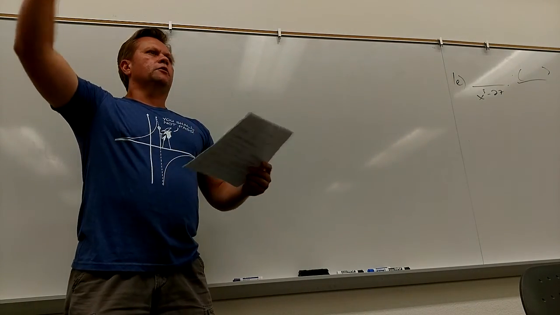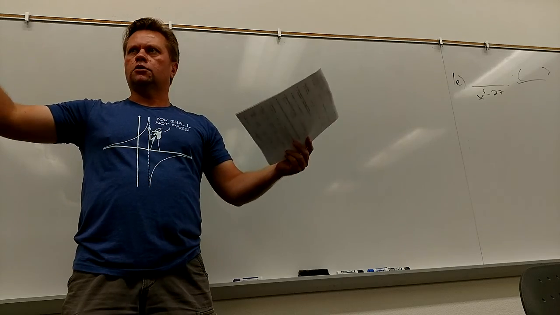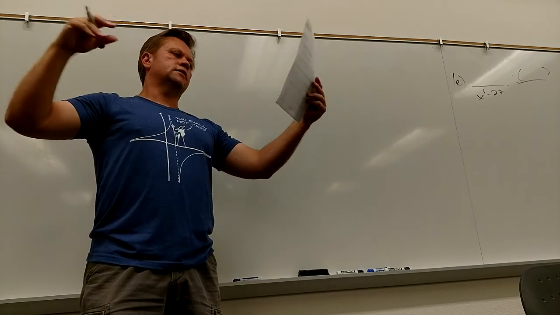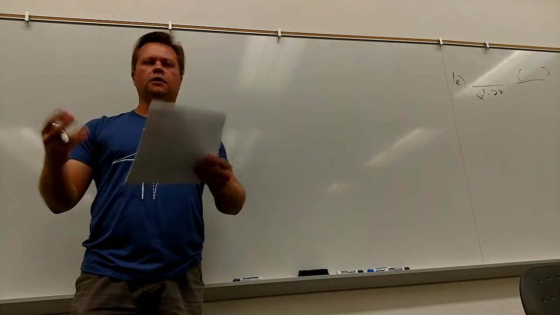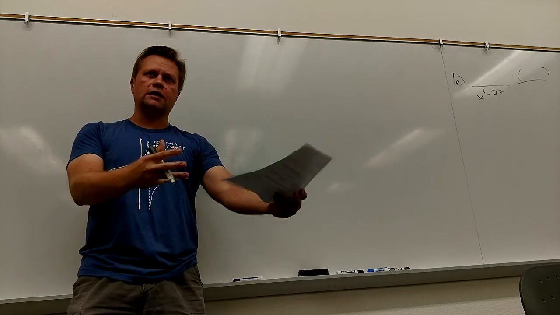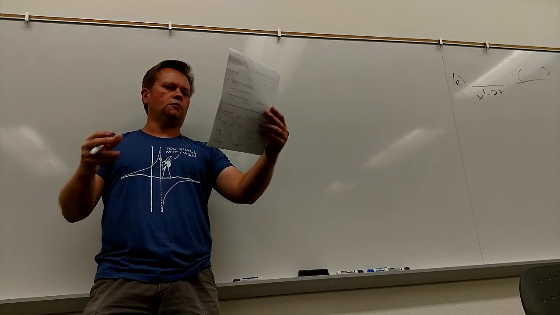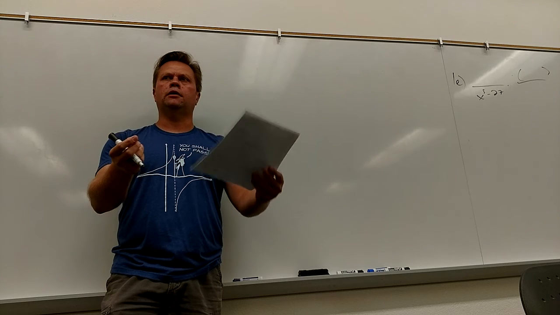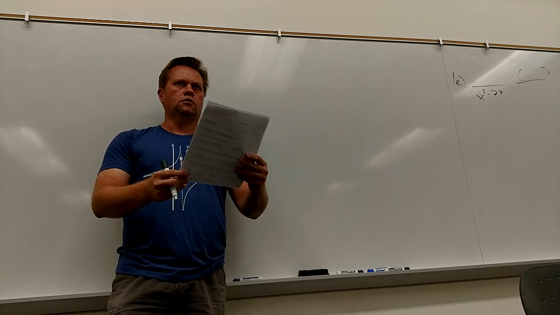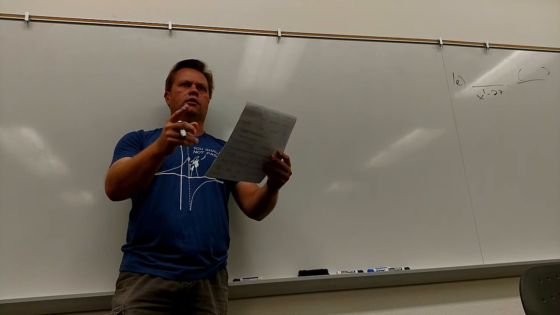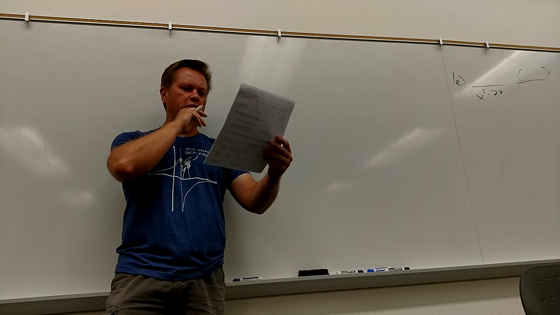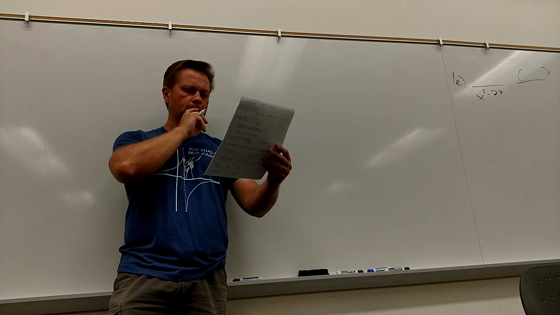So the very first step in a word problem is not mathematical at all. There's no math involved in the very first step. And this is the step that people always skip. What are the players in this problem? How many players are there? 3. Yeah, and who are they? Who are the players in number 2A? A, B, and C.